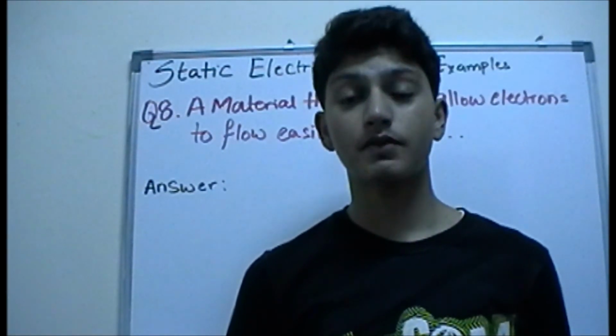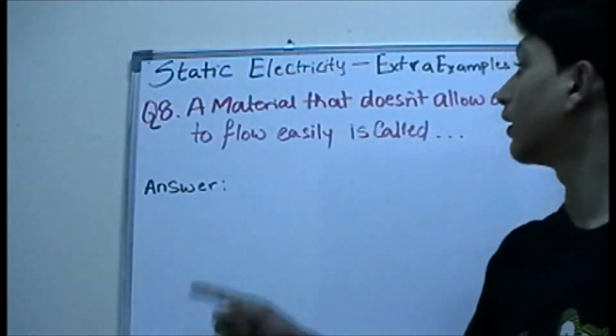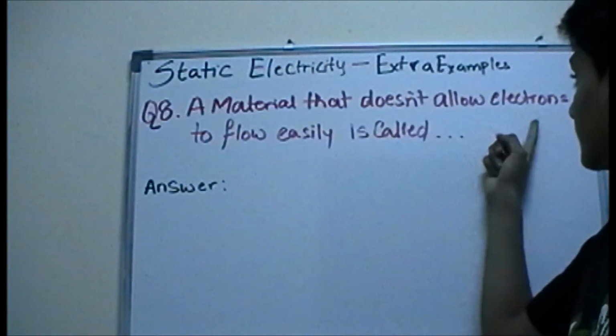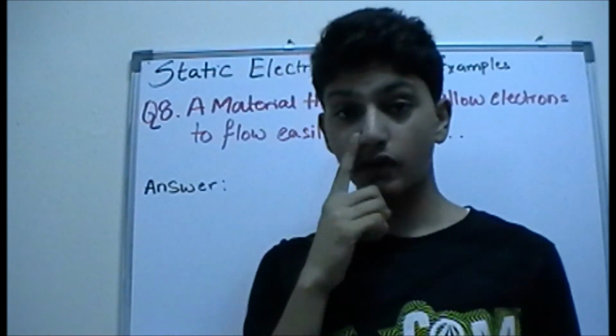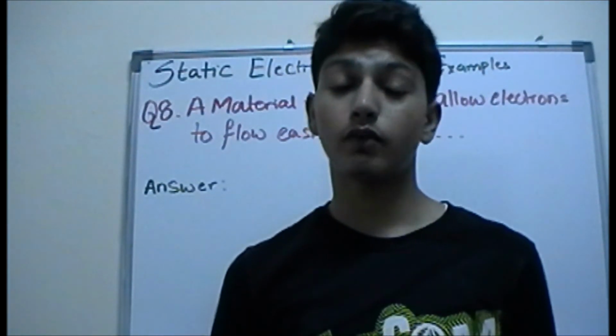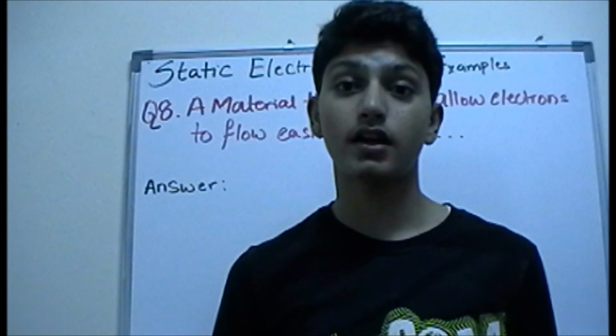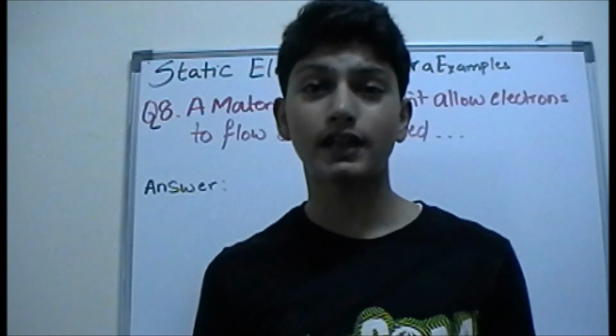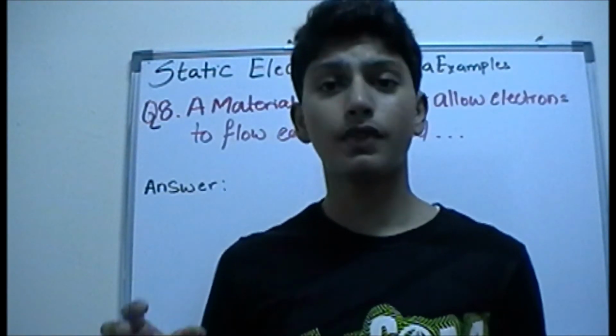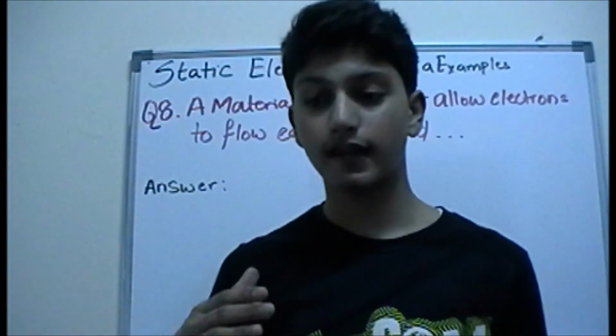When a question asks what a material that allows electrons to flow easily is called, the answer is conductor. But the question here is asking what material doesn't allow the electrons to flow easily in their pathway.